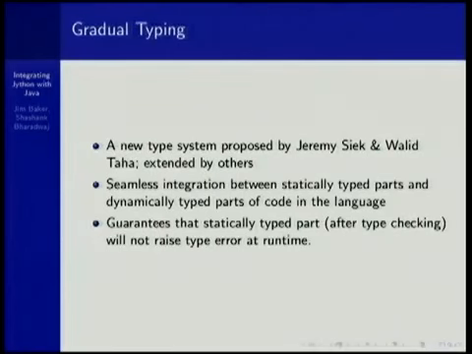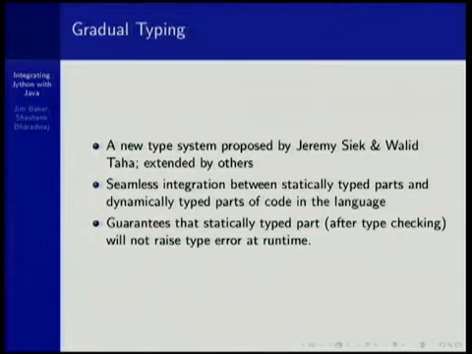What they originally introduced was the dynamic type in a static language. The good part about this is it also provides this guarantee that if the statically typed part of your language type checks correctly, then you will not have type errors at runtime.